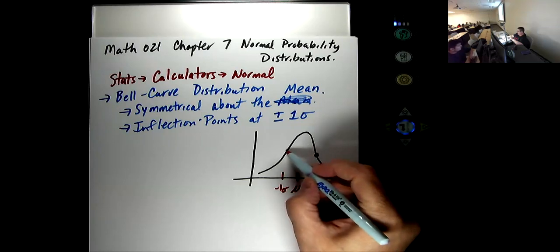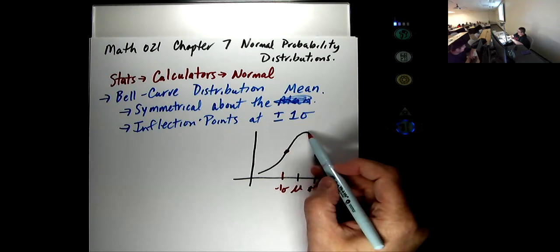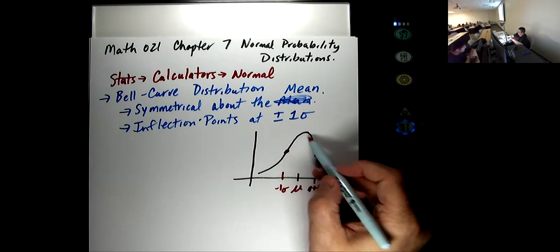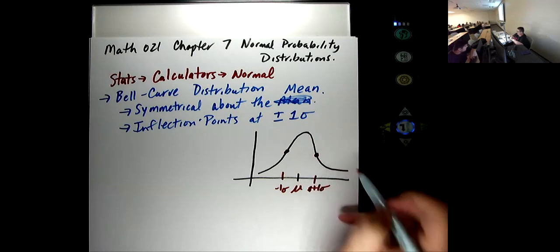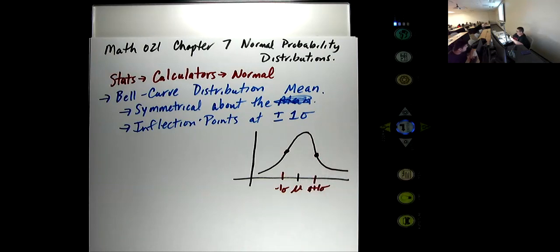It's right about where the curve, as I'm going to the right, stops going down and starts slowly increasing. The steepness is changing. It's where the steepness fluctuates. That's what we call an inflection point. You don't need to know that. It just tells you where the curve's shifting.